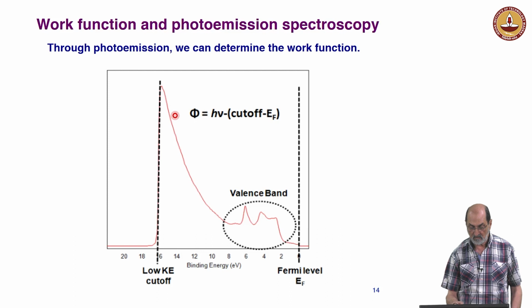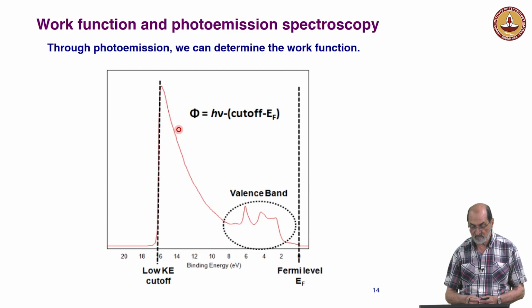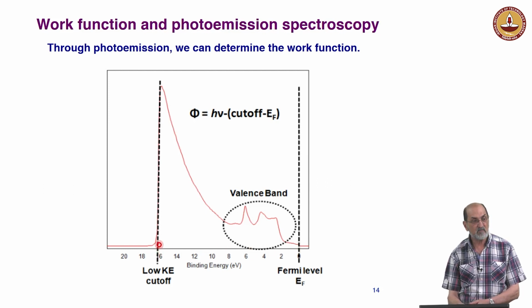What I'm saying is that h nu minus the work function is the width in energy we can measure. Well, from that relationship we extract the work function. The work function is going to be all the energy of the photon impinging on the surface, and we have to subtract what we can measure in photoemission, and that difference is going to be the work function.